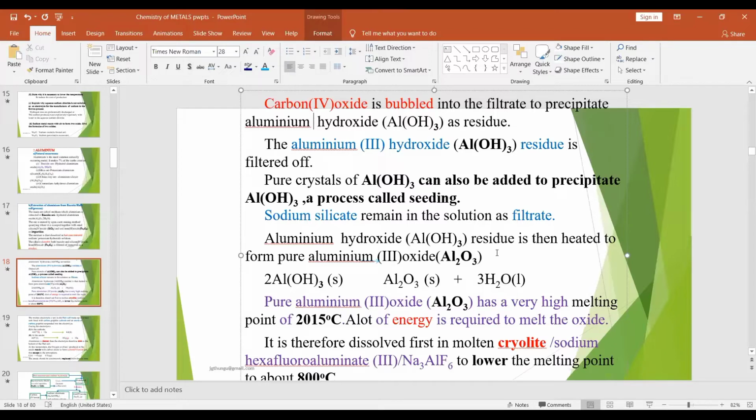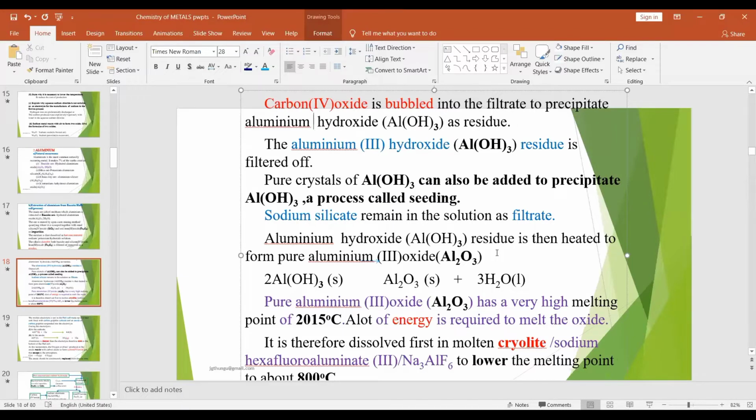The next step is roasting, whereby we heat aluminium hydroxide to obtain aluminium oxide. So remember, mwanzo tulikuwa na bauxite, which is what? Hydrated aluminium oxide. We could not heat that bauxite directly because of impurities.